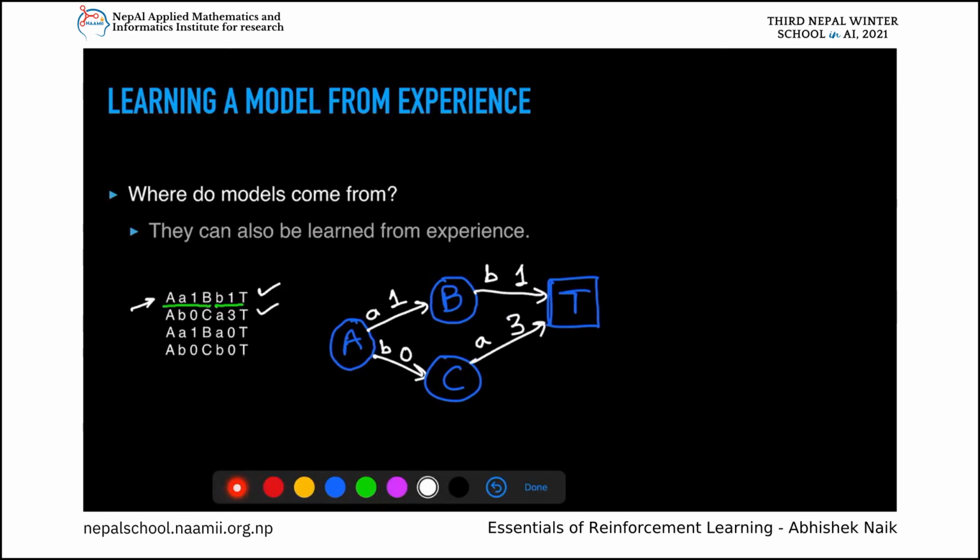The third trajectory tells us in A, you take a, you get 1, which we already knew, and end up in B. Then if you take action a in B, you get a reward of 0 and end up in the terminal state T.